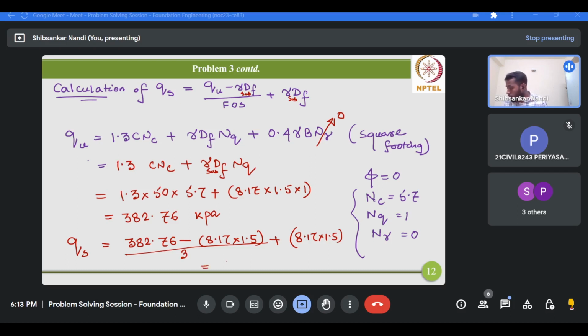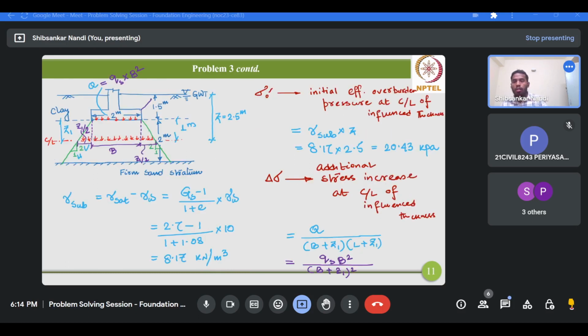So the shape bearing capacity would be 135.76. Okay, so this much loading intensity is basically applied here. This value is basically 135.76.